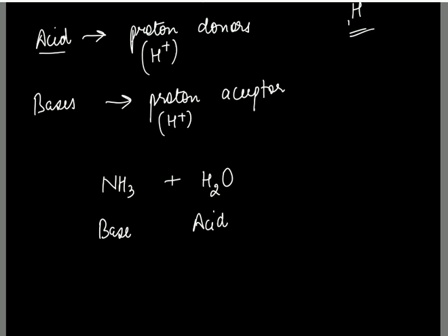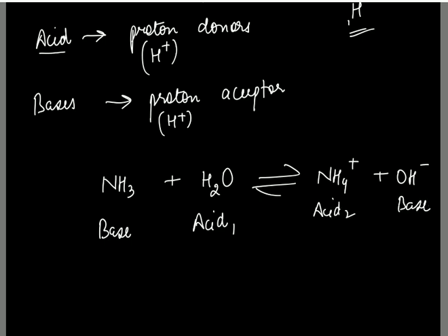Water has the capability to act as an acid and a base under different situations. So this is going to change into ammonium ion and OH minus ion. So if you can see, ammonium ion, let's call this acid 1, this is acid 2, and this is base 2.